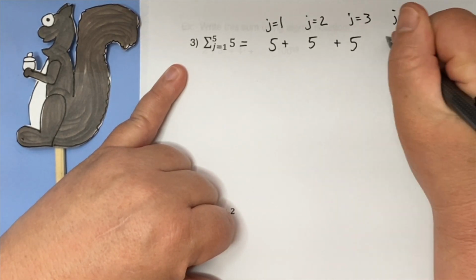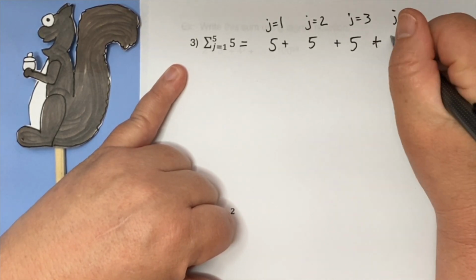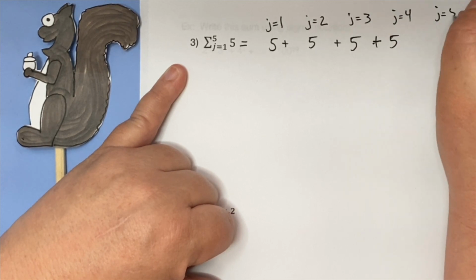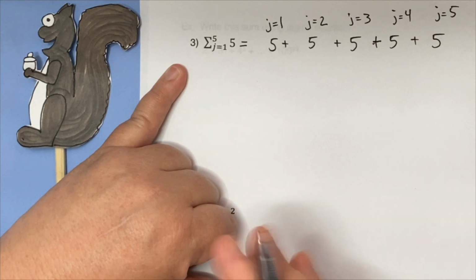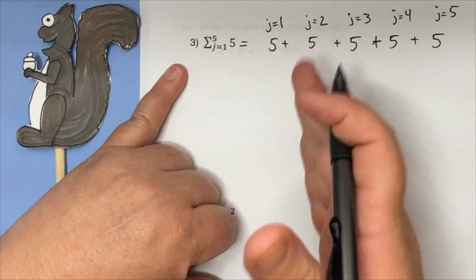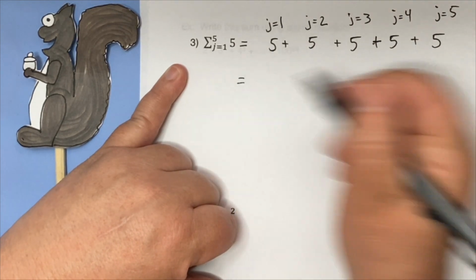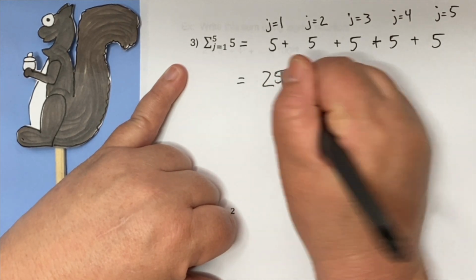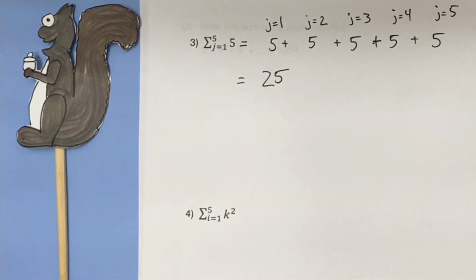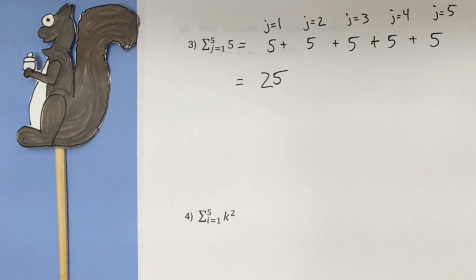For j equals 4, plus 5. And for j equals 5, 5. So it's kind of weird. It doesn't change. We just have 5 each time. So let's see, 5, 10, 15, 20, 25. That's 25.